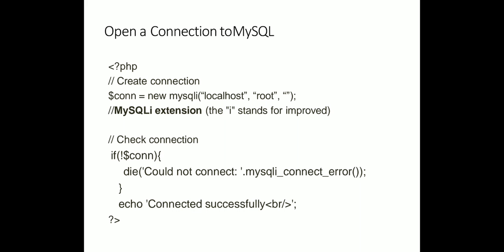Again coming to the connection line, $con is the variable, and new mysqli with the parameters localhost, root and one empty parameter are our connection parameters. Now if we want to check the connection: if the connection is correct, the MySQL link identifier will be opened, otherwise it returns false or failure.